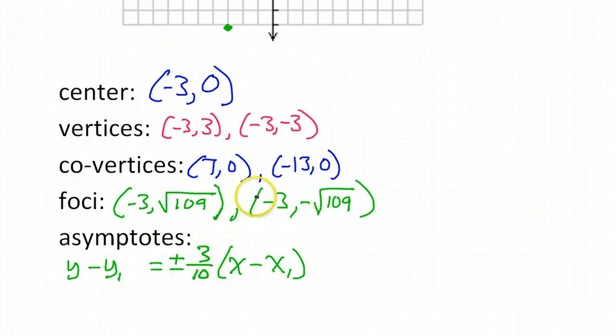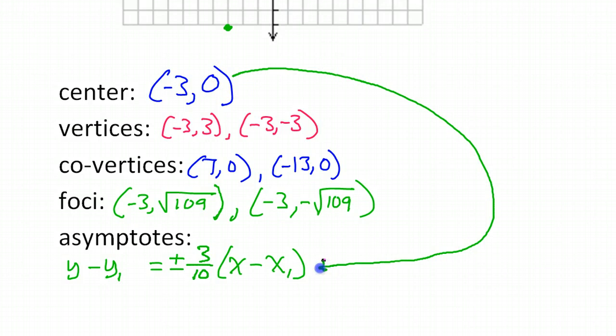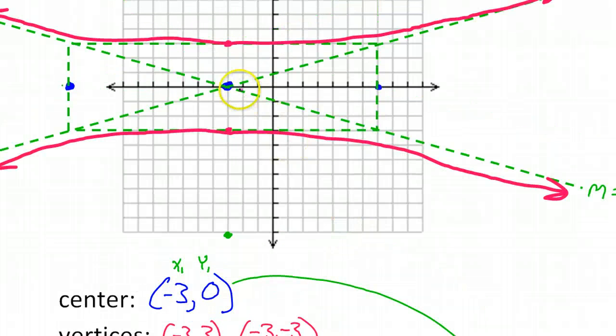Now, for the point, I recommend using the center. So I would take this, the point negative 3, 0, and substitute this as our x1 and our y1, since that's the one point that is on both asymptotes.